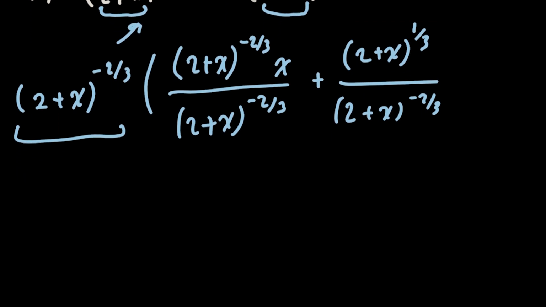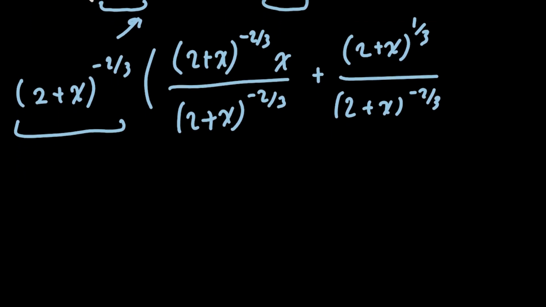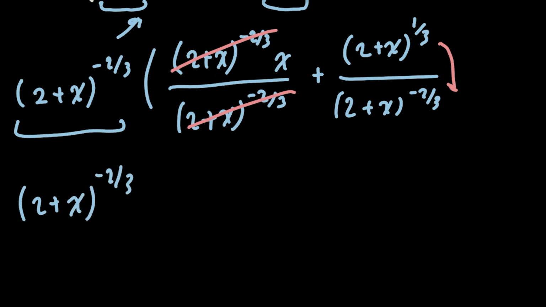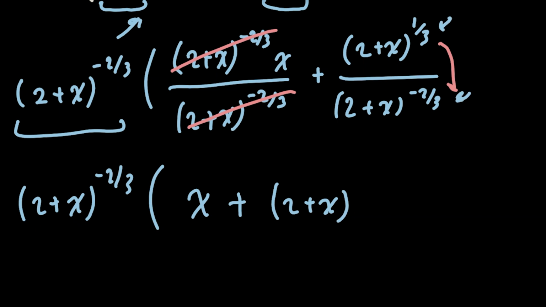So let's see what we are having. As you can notice, this term and this term would be cancelled, and here we'll just subtract the power. So let me just write the expression. So we'll have 2 plus x all to the power minus 2 over 3 multiplied by x plus, here we'll have 2 plus x, and then we'll subtract this power from this power. So we'll just have 1 over 3 minus 2 over 3.